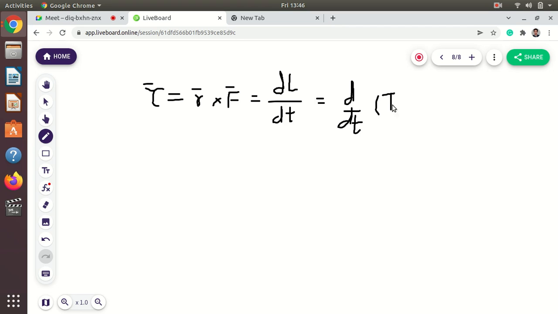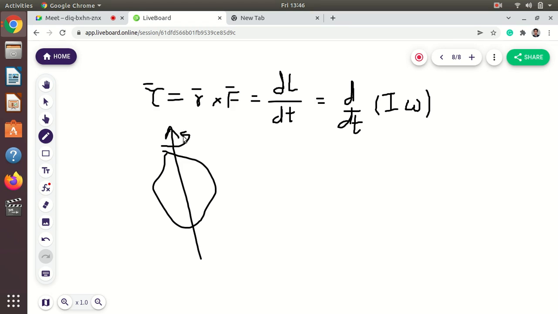So I is the moment of inertia of the system, and it depends on the axis of rotation. Suppose this is a body and this is the axis of rotation. So this body is rotating around this axis.